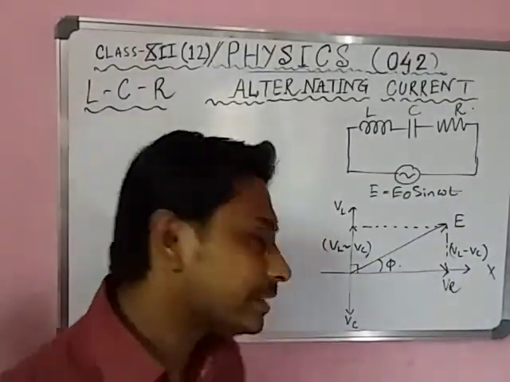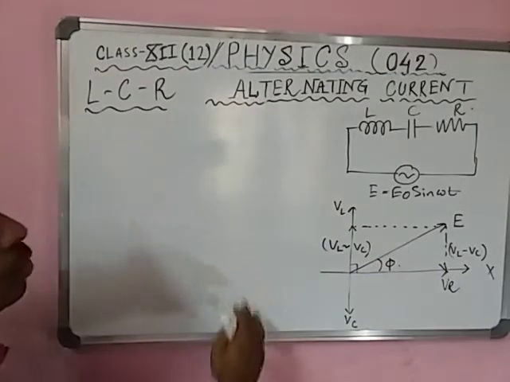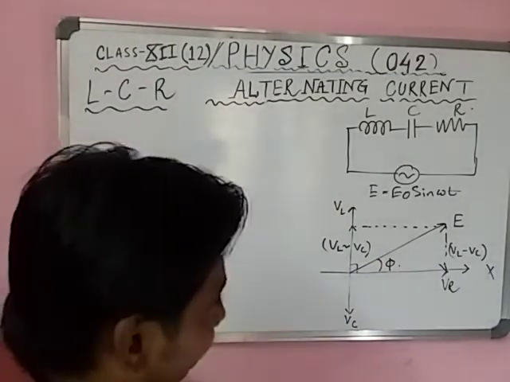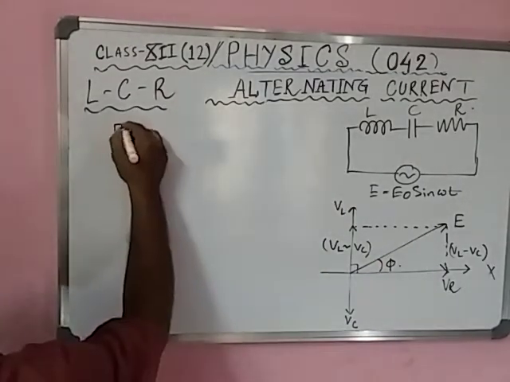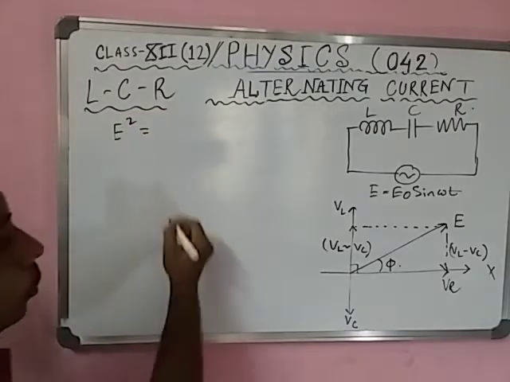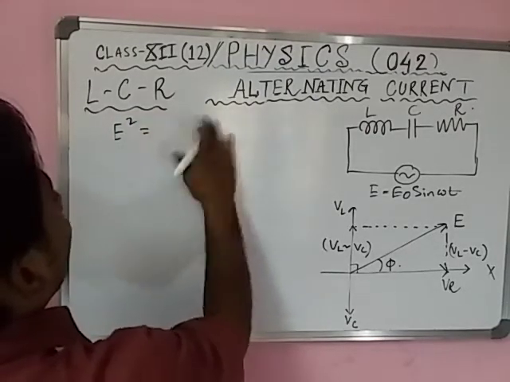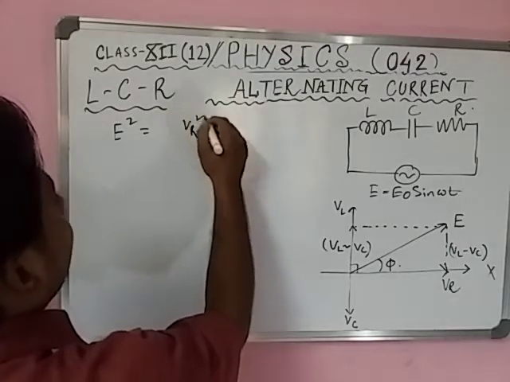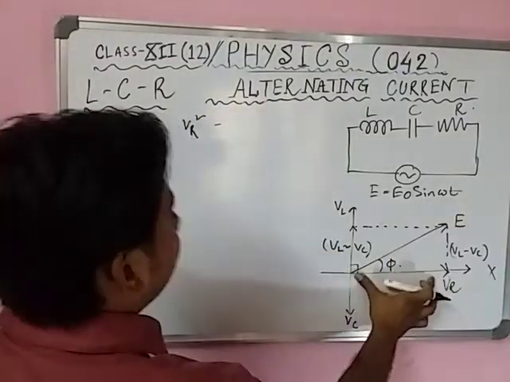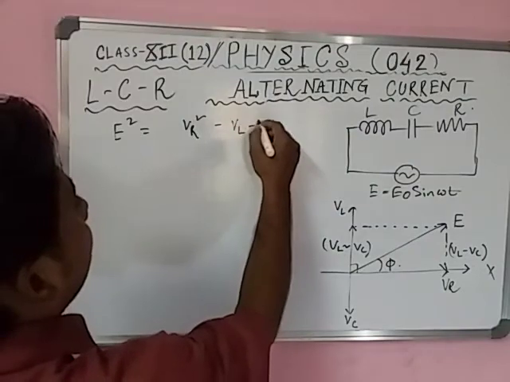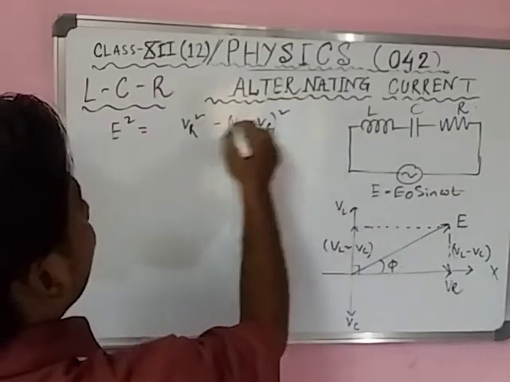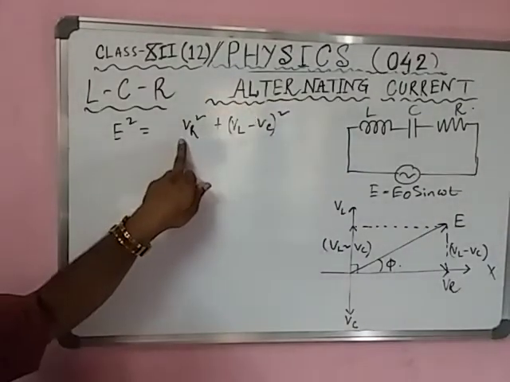So without wasting your time, you can put it into the very famous Pythagoras theorem: E square equals VR square plus VL minus VC the whole square.